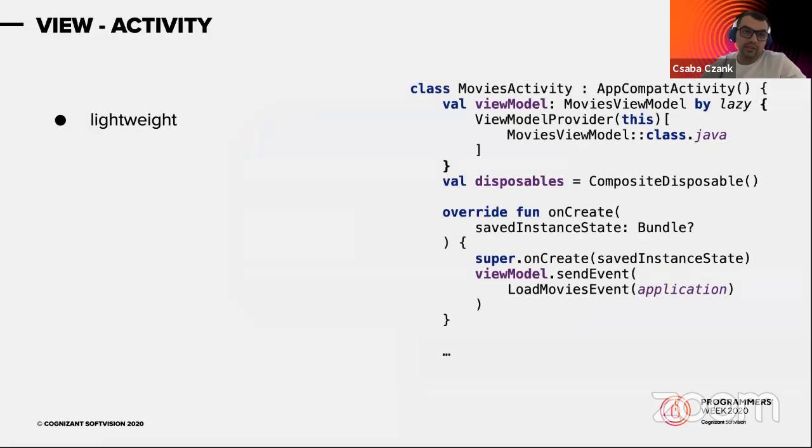The first element of the view is the activity. The responsibilities of an activity in an MVI architecture must be limited. These can be maintaining the view model, emitting initial events, and those related to the activity, for example, in case of lifecycle events or other events called by the system through the activity, which can be callbacks like on activity result.